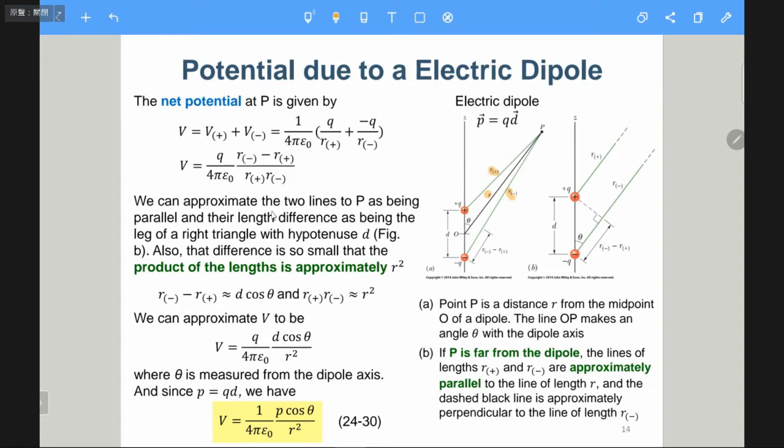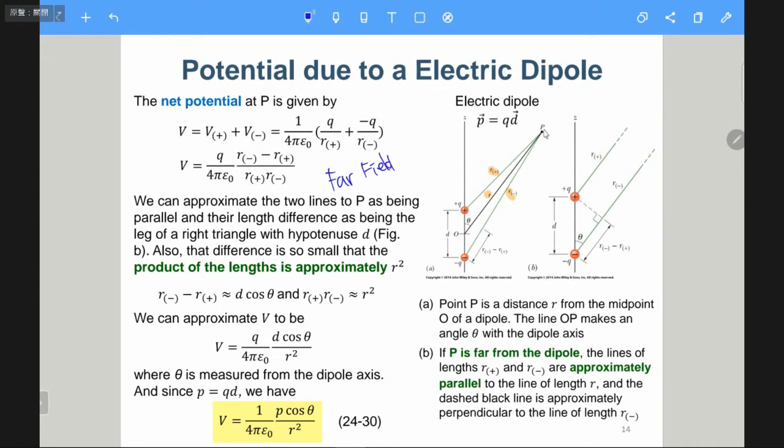We can approximate the two lines to P as being parallel, and their length difference as being the leg of a right triangle with hypotenuse d. We assume that the point P is far away, the far-field assumption.